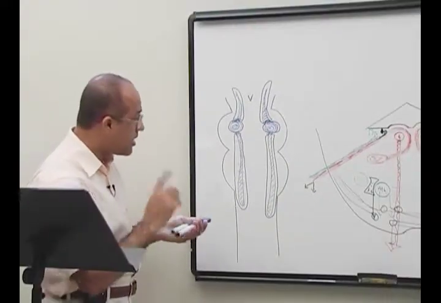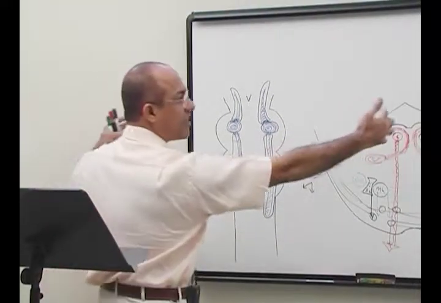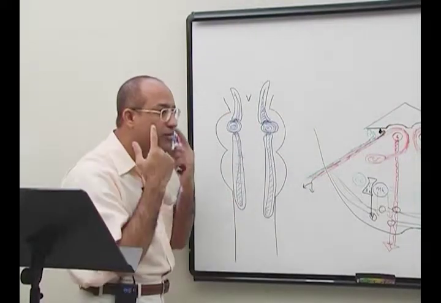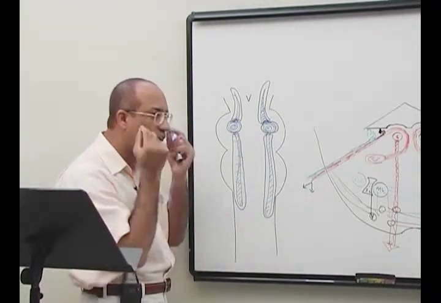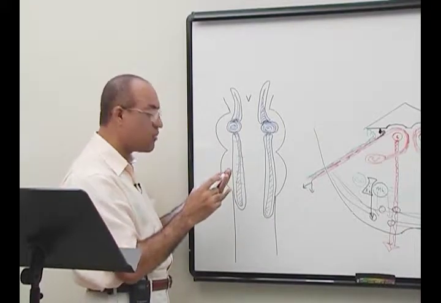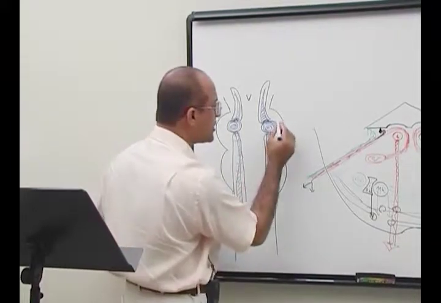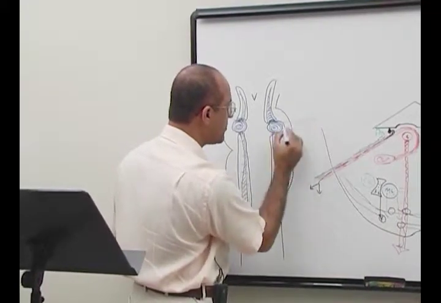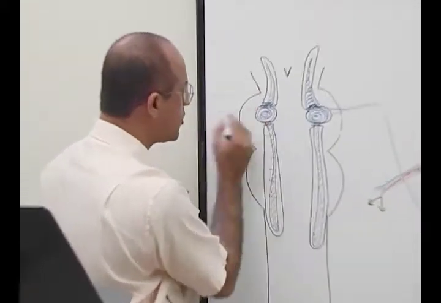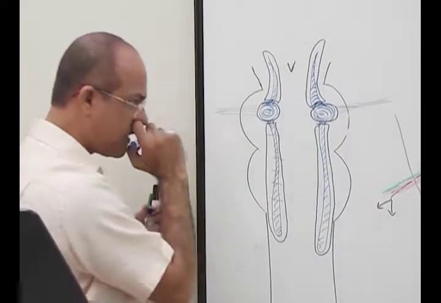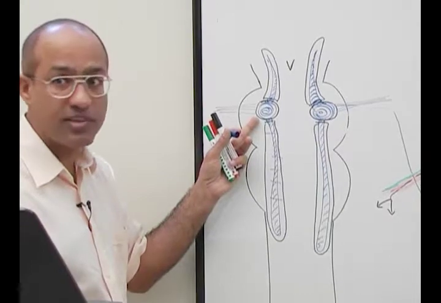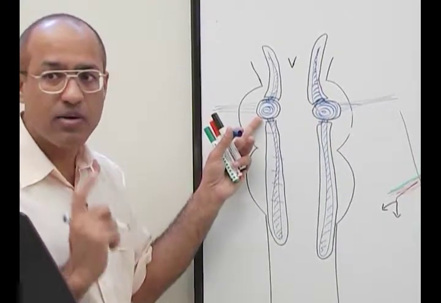And a few words. From the face, many sensations are coming to the trigeminal system. From the face, fine touch and 2-point discrimination come to where? Principal pontine. So the principal pontine sensory nucleus of the trigeminal system is receiving fine touch from the face.